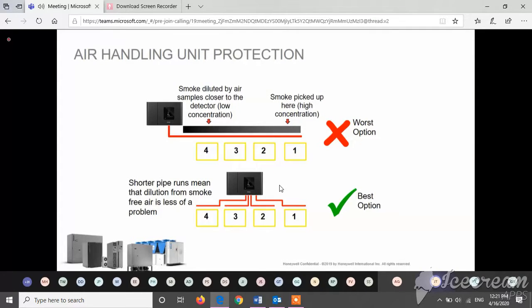And if we've got 4 of these air handling systems all blowing air into that tube, that adds even more dilution. So we try to keep the pipe separate to reduce dilution. That's not to say it won't work by covering more than one air handling system, but we err on the side of caution. So we tend to recommend 1 pipe per air handling unit.